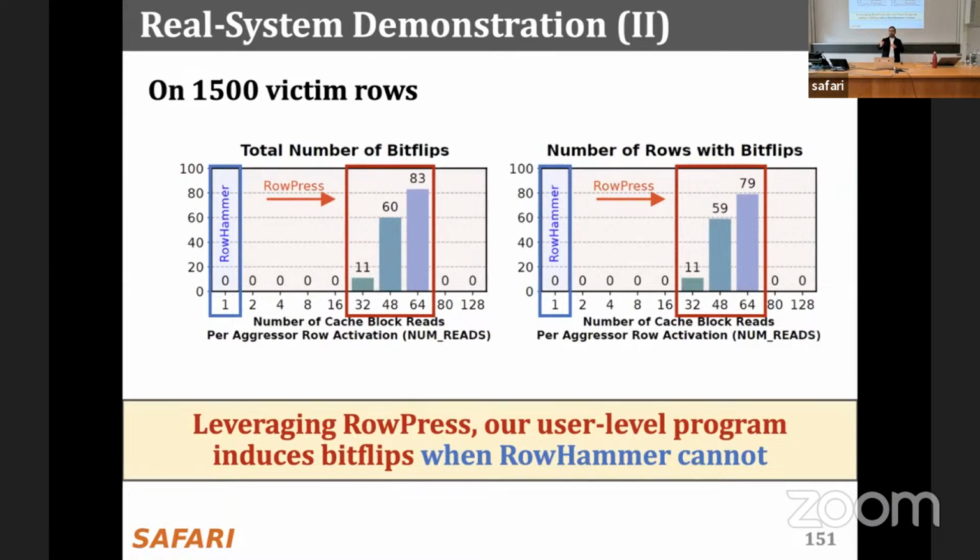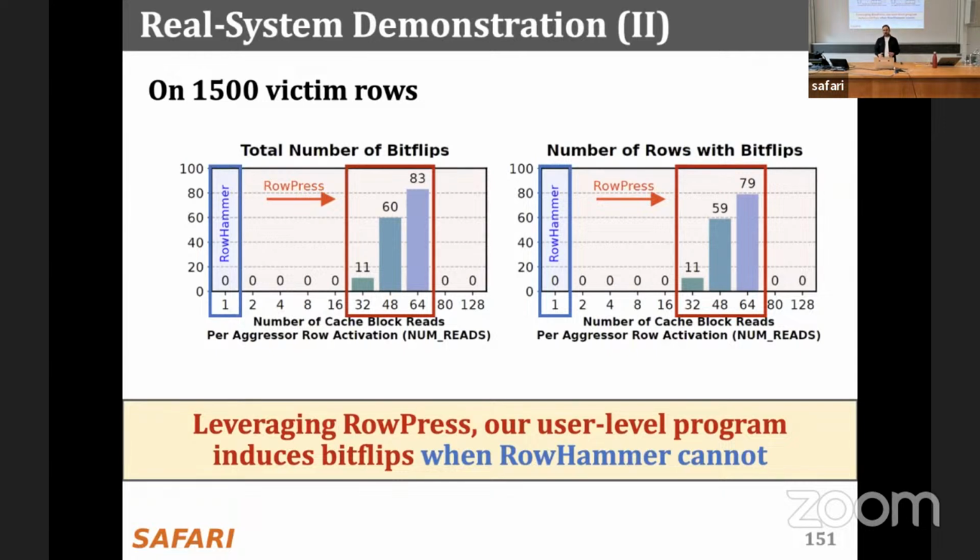You activate the row, read one cache block, and then precharge the row, activate again, because you want to maximize the activation count. And here, we keep accessing a different number of columns, and on the y-axis, it's the number of bit flips that we look into. Until we access 32 different columns in a row, we don't observe any bit flips in this test.